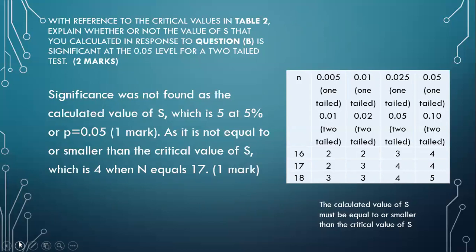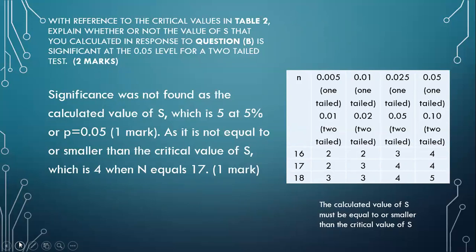Significance was not found at the calculated value of S, which is 5, at 5% on P. So we're telling them it wasn't found using that data. Now we need to explain it further to get our second mark: as it is not equal to or smaller than the critical value of S, which is 4 when N equals 17.